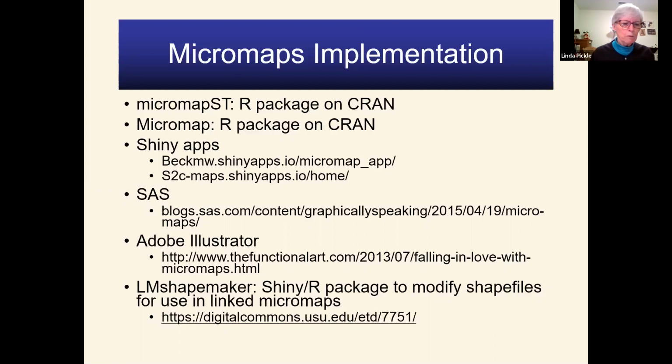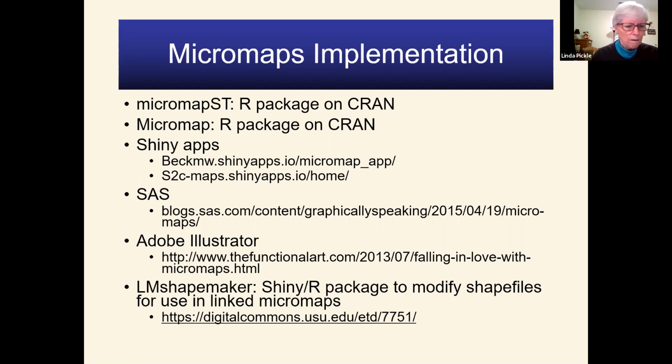Now for micromaps implementation. There's micromapST, the one we developed, which is on CRAN, our package. Micromap, without the ST, was developed by the EPA as an R package, also on CRAN. There are Shiny apps, now shown here. There was a SAS blog post that shows how to do it in SAS.